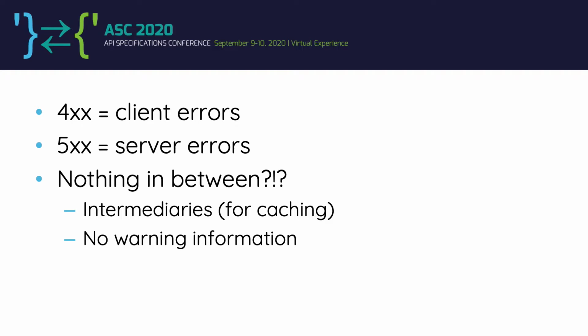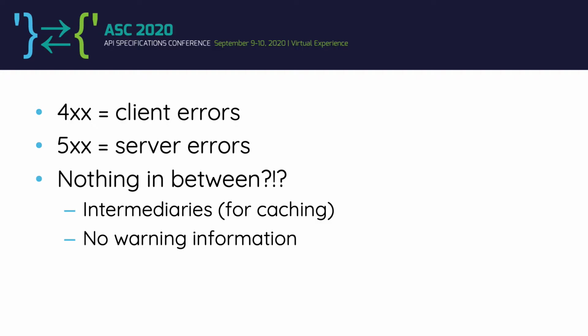HTTP response status codes are one of the most basic things communication between systems relies on. We all know they have 3 digits and are categorized into 5 main groups that start with the numbers 1 to 5.